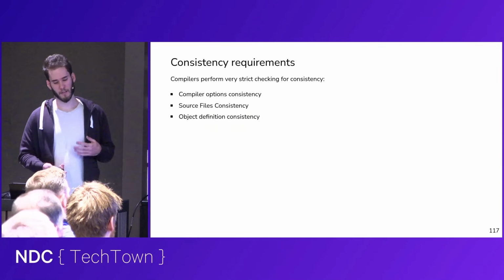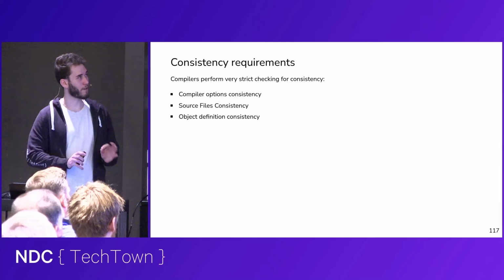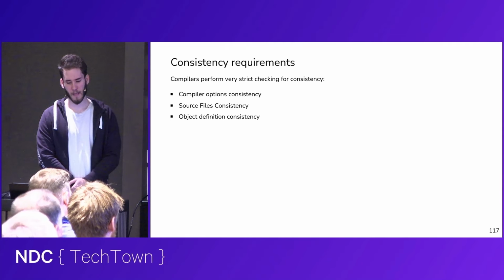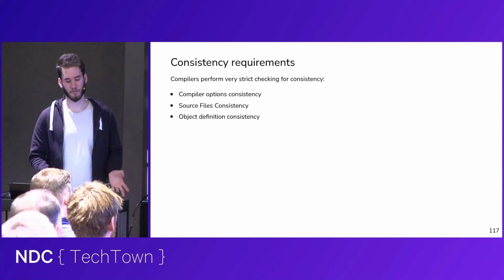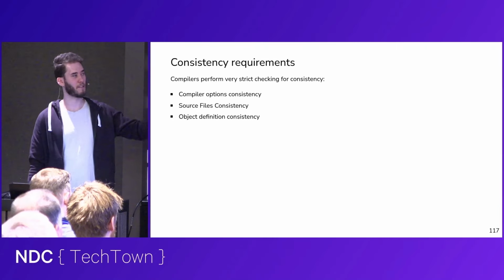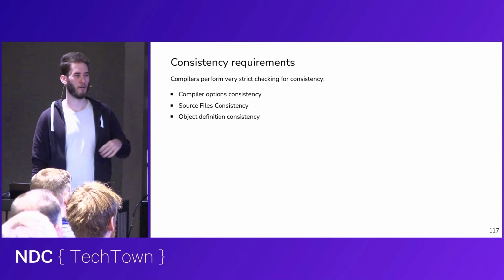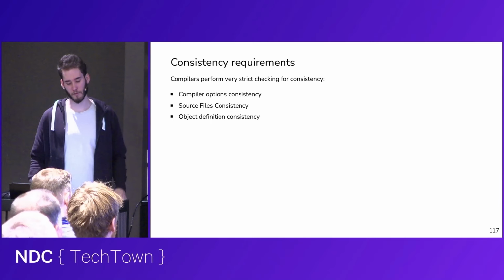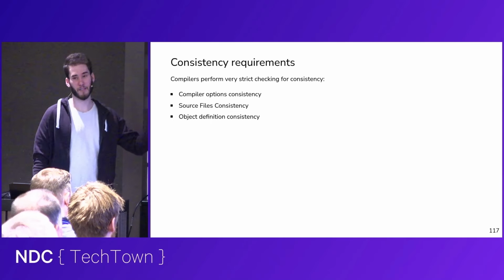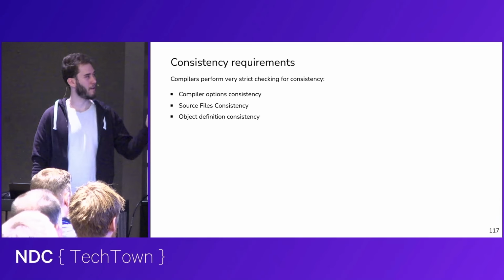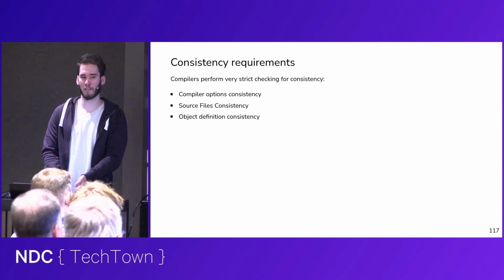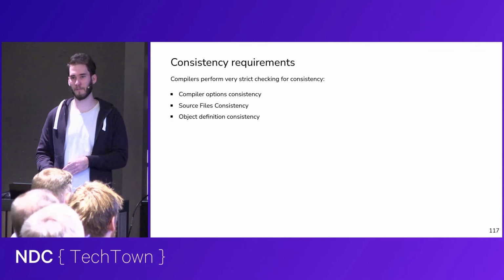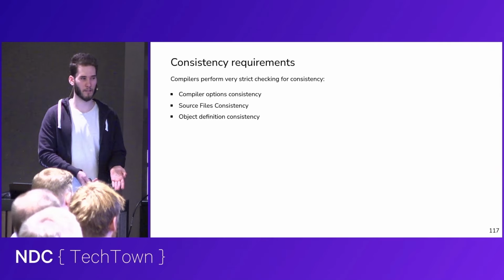And also you introduce a lot of very strict consistency requirements. For example, the compilers as of right now require that your compiler options be the same. So your C++ dialect has to be the same, your optimization level, your macros, and some of the compilers have to be the same. Your source files have to be the same, which is something very important because there is not a way to hide implementation details as of right now. You need to provide all of the source files that were used to build a built module interface alongside the module that is built.